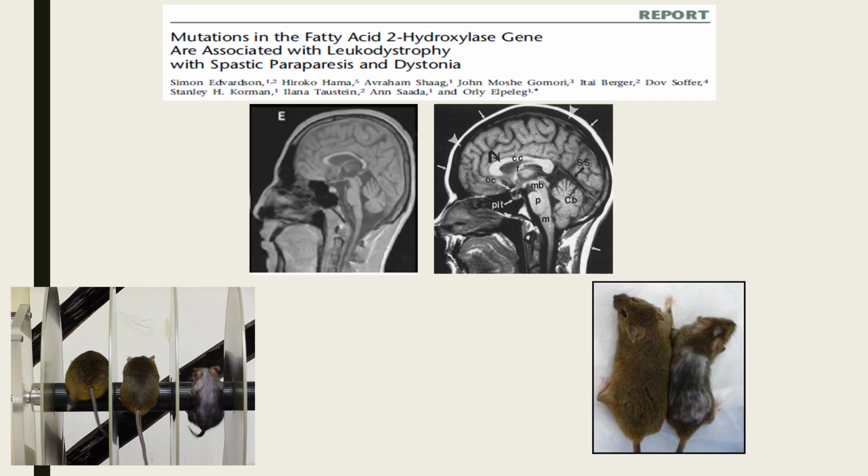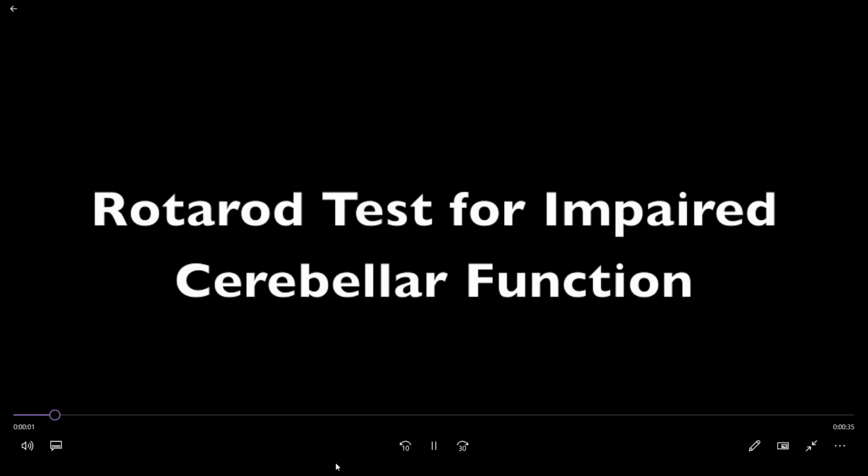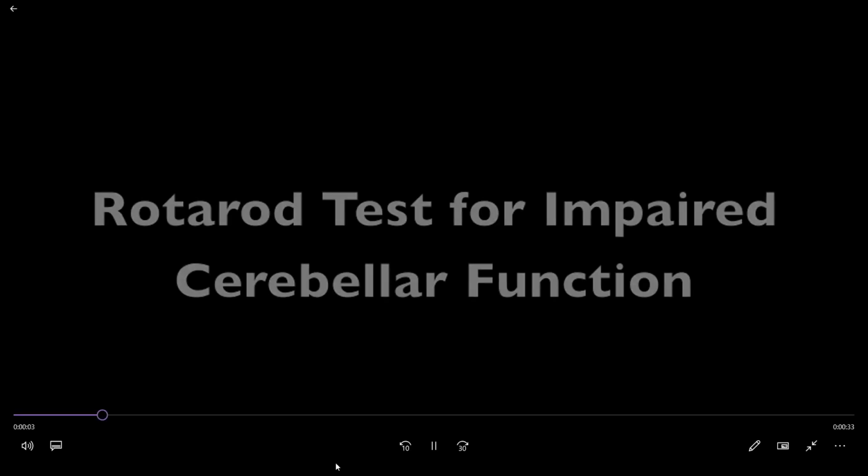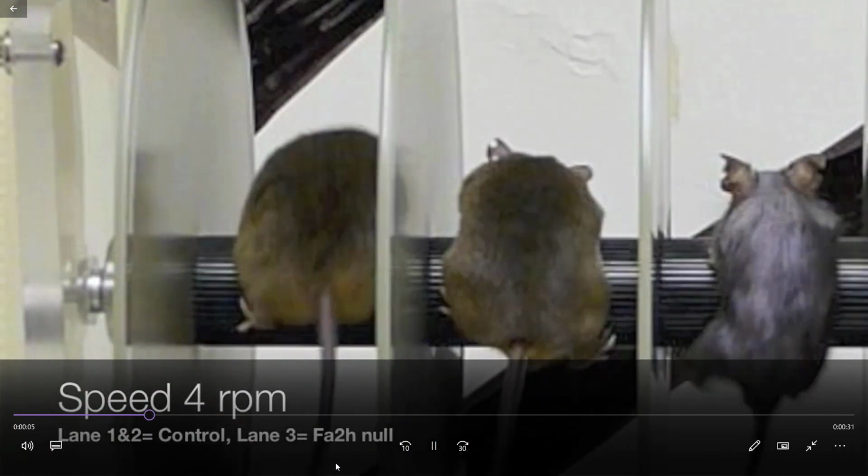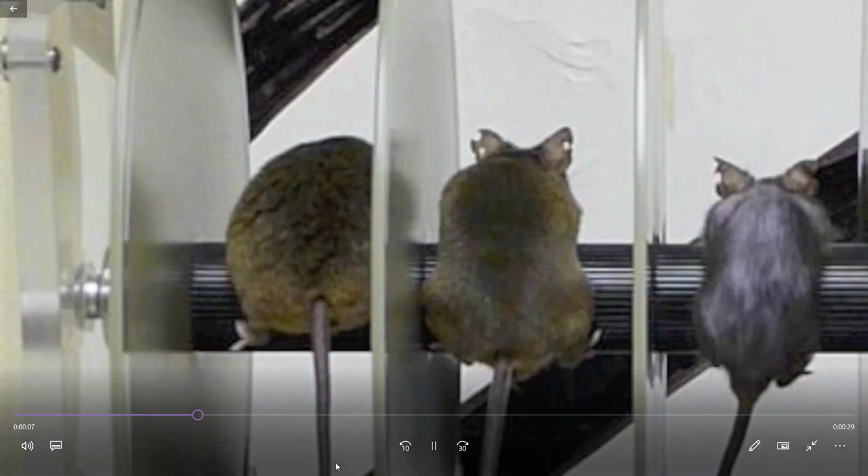Well, look at what happens to my guys. So look at what happens with these individuals on this rotor-rod activity when they have a disrupted gene mutation that caused problems with their cerebellum. And this is a really slow speed here.